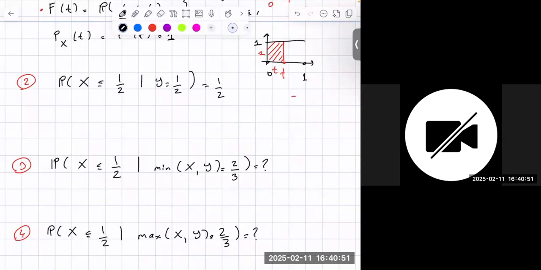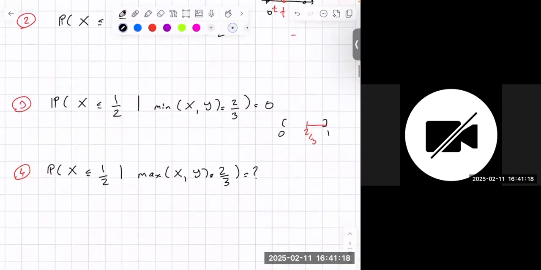So pictorially, minimum 2/3 means when you draw them, they are known to be bigger than 2/3. They live here. Okay. If you find this type of question silly, there is a reason: when you understand the basics well, the rest kind of follows. Okay. So that's why I'm warming up from basics again.